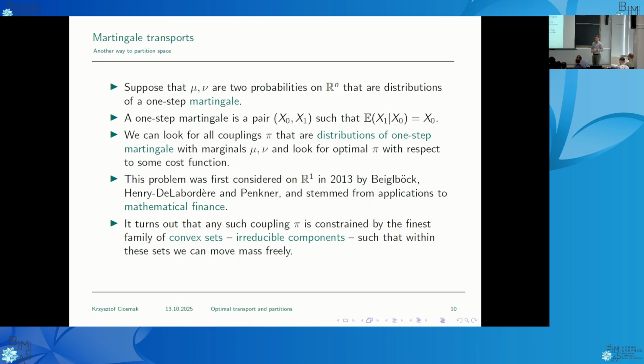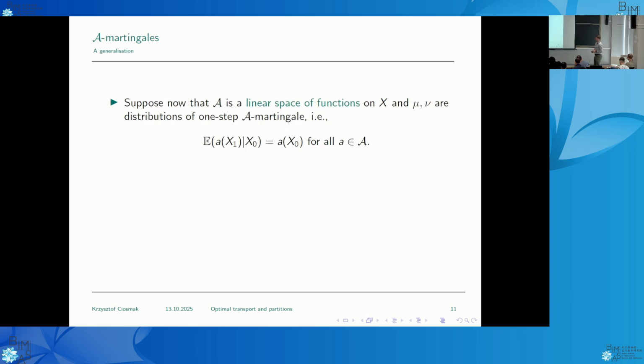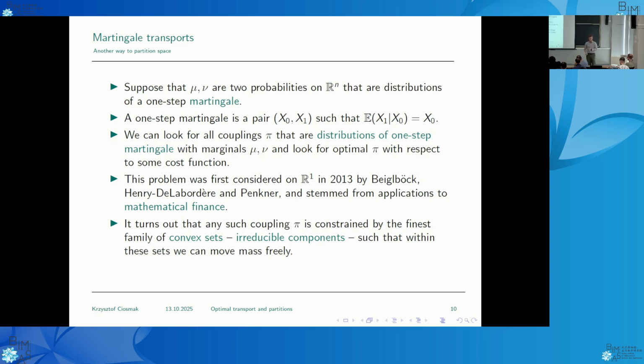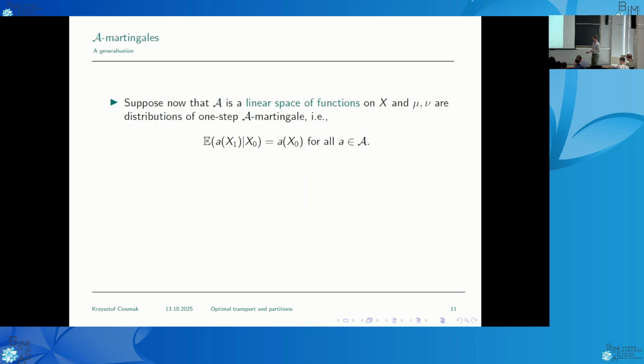So this is another candidate that would be useful for obtaining such partitions. But the problem here is that these sets can be of arbitrary dimensions, so there is no dimension reduction that we were interested in.